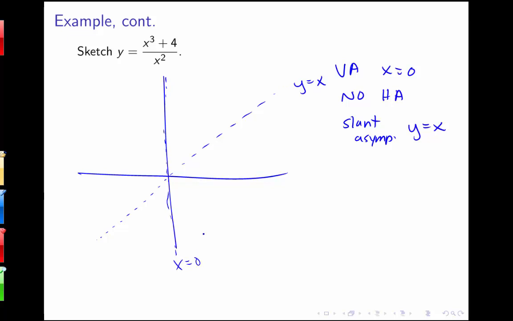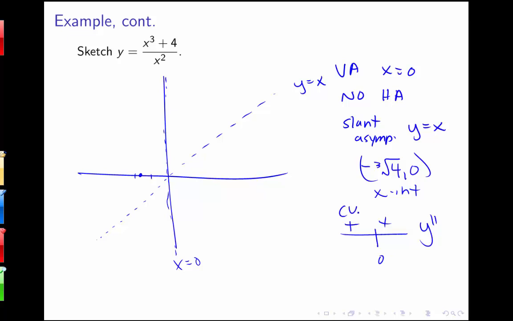I also found earlier that negative the cube root of 4, comma 0 was an x-intercept. So I can go ahead and estimate where that is, somewhere around here.